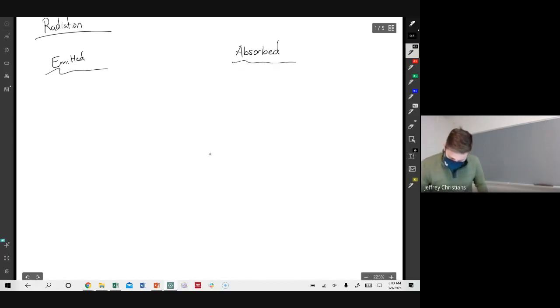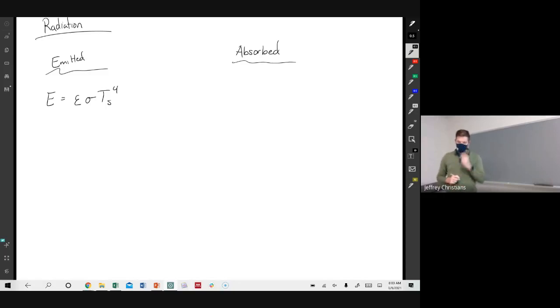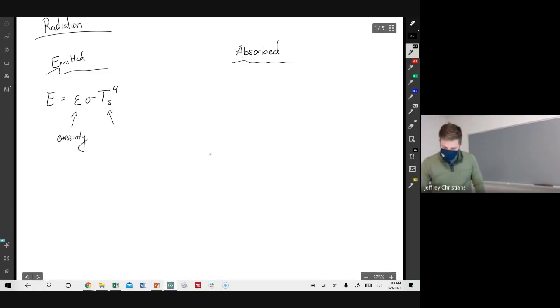So emitted power is epsilon sigma T s to the fourth, where epsilon is the emissivity, sigma is the Boltzmann constant, and Ts is the surface temp.